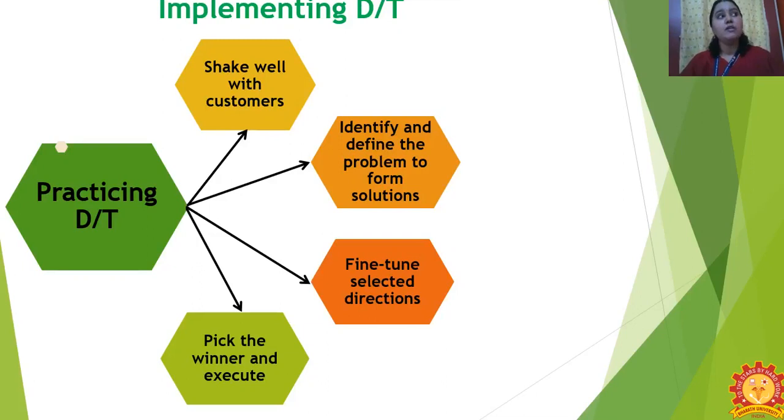As an organization, the management has to be customer-centric in nature. So don't forget the customer, for God's sake. You have to have different ways of alluring customers and maintaining them. Only when you are able to do this will you be able to practice design thinking.